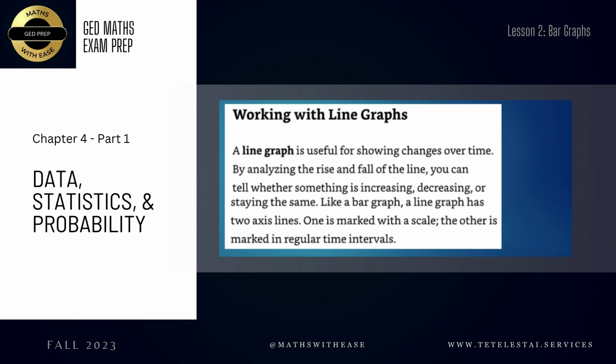Our scale was in millions. When you're dealing with a line graph, the time intervals will usually be shown on the x-axis, and then the information related to the graph, whatever you're looking at, will be on the y-axis. It just depends on the kind of graph.